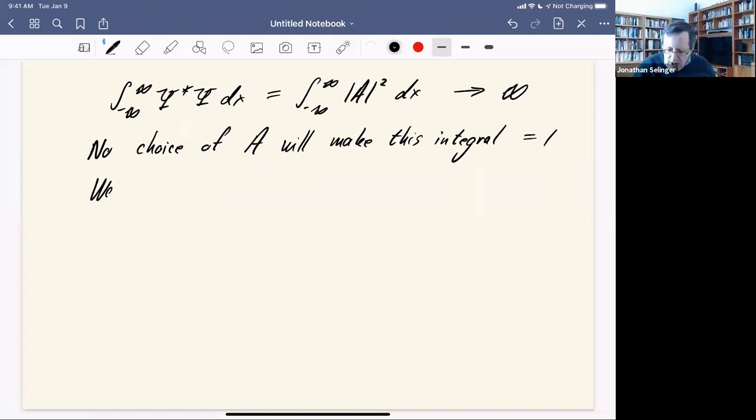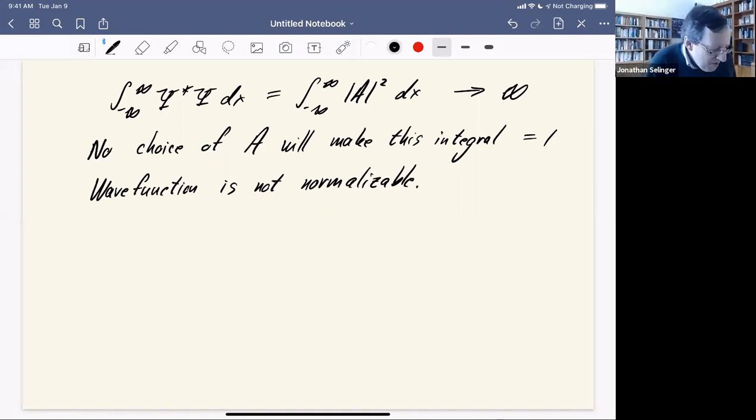Or in other words, the wave function is not normalizable. Okay, so this is a tricky thing, right? So we have a nice simple solution, but our whole procedure for interpreting solutions depends on the solution magnitude squared being a probability density, and here that's kind of breaking down. Okay, so what can we do, right, in this situation?